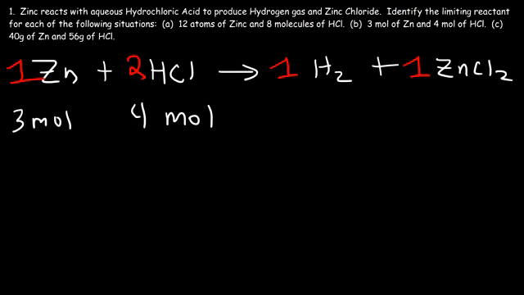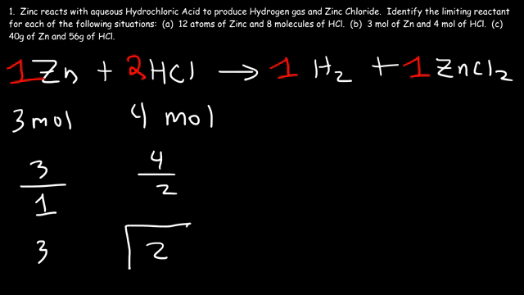You're given the quantity. You need to determine the quantity per coefficient ratio. So take the number of moles and divide it by the respective coefficient. So 3 divided by 1 is 3, and 4 divided by 2 is 2. So notice that HCl has a lower quantity per coefficient ratio.